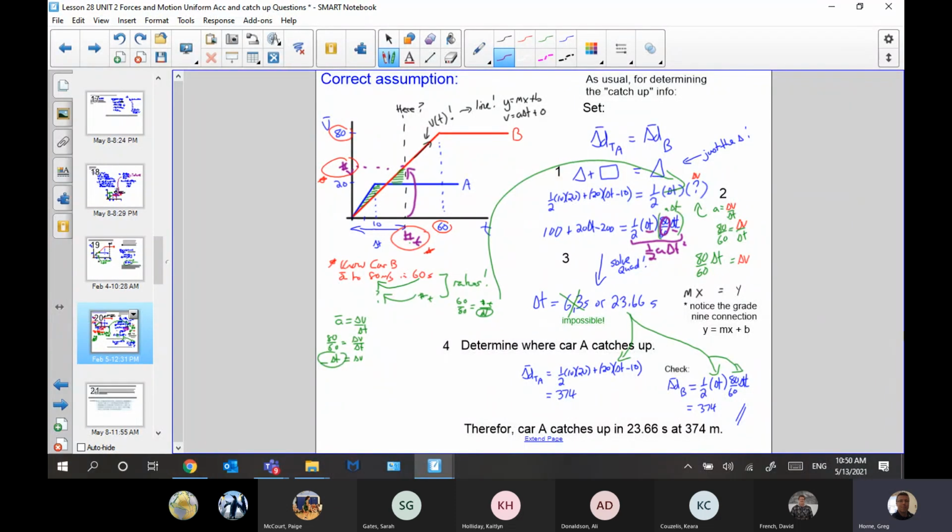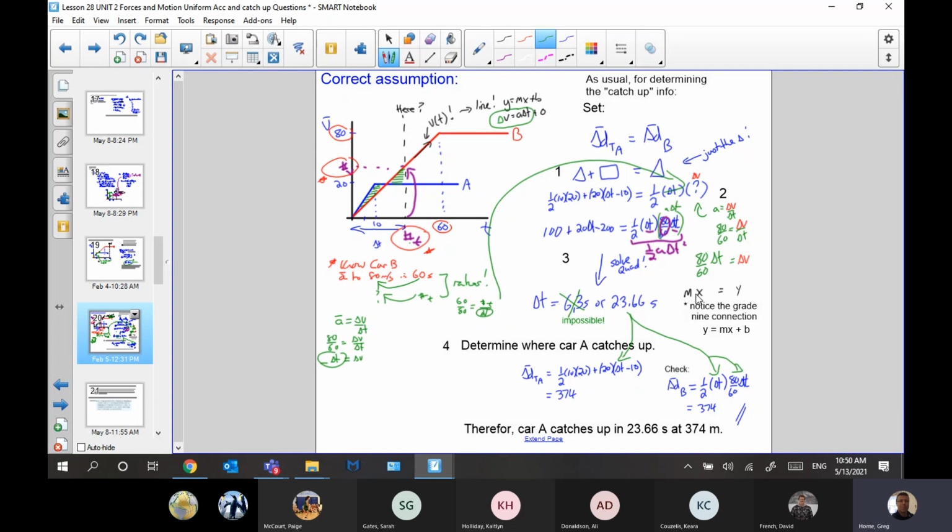What I put here is, notice the link to y equals mx plus b. This is a straight line. And so it's y equals mx plus b. Well, the y values are the v's. The acceleration is the slope. The time is the x variable. So this acceleration equation, it's actually delta there, of course, but the acceleration equation matches our y equals mx plus b line from grade 9 even.